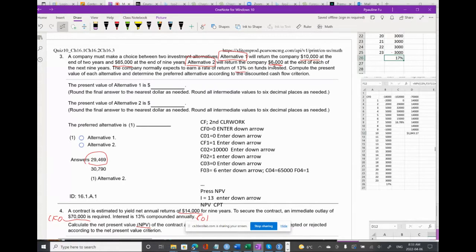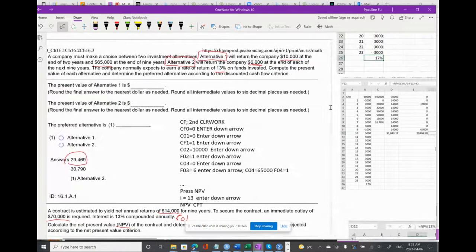Alternative 2 will return the company $6,000 at the end of each of the next 9 years. The company normally expects a 13% rate of return. Compute the present value of each alternative and determine the preferred alternative according to the discounted cash flow criteria.